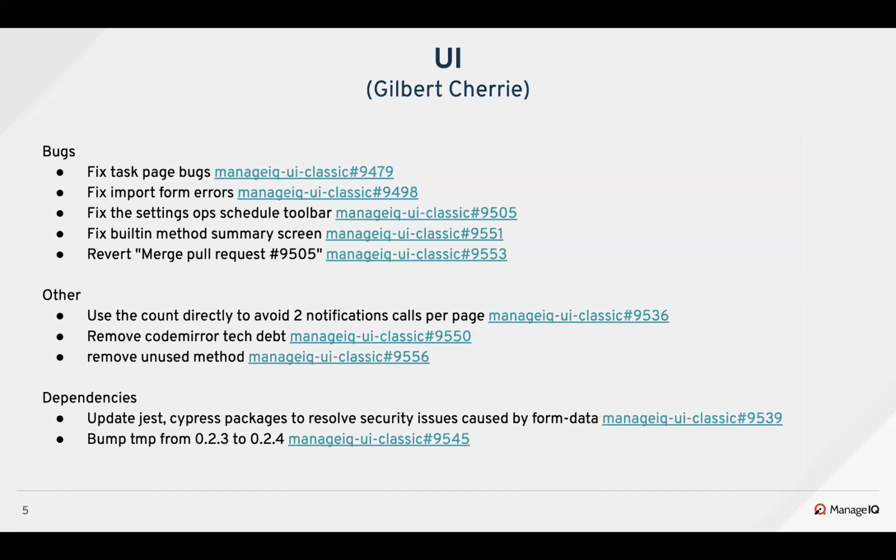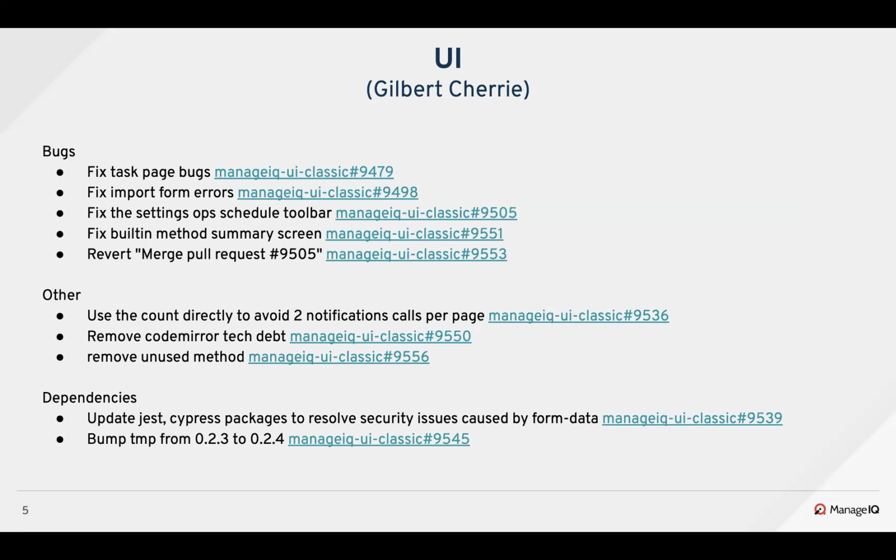Thanks, Jason. So for the UI, we had some bug fixes. I fixed the task page bugs, the import form errors, the settings op schedule toolbar, which was later reverted due to errors in our Cypress tests, and also the built-in method summary screen. Some other PRs we had. Jason used the count directly to avoid the two notification calls per page.